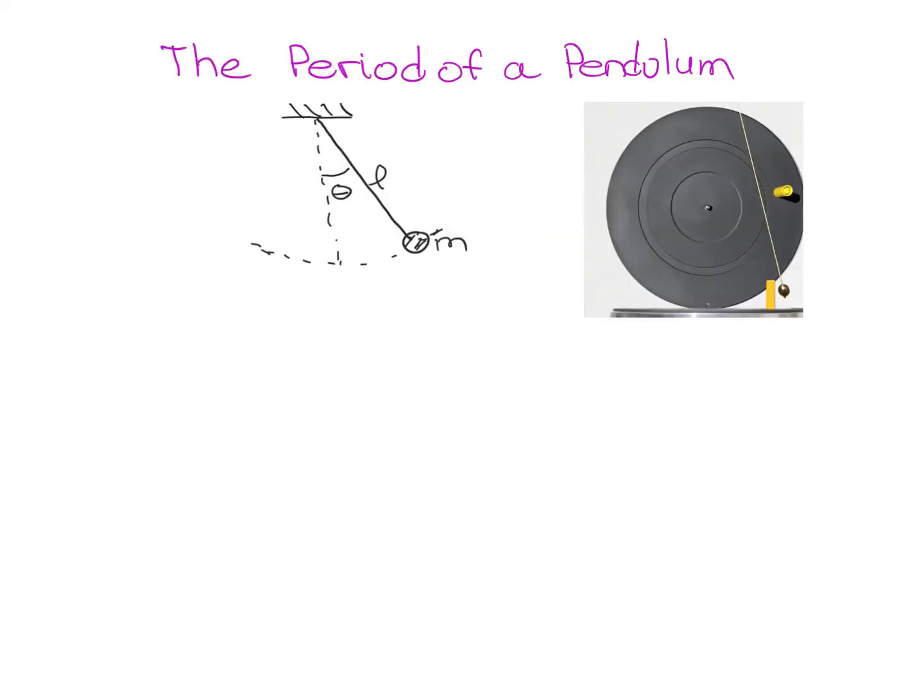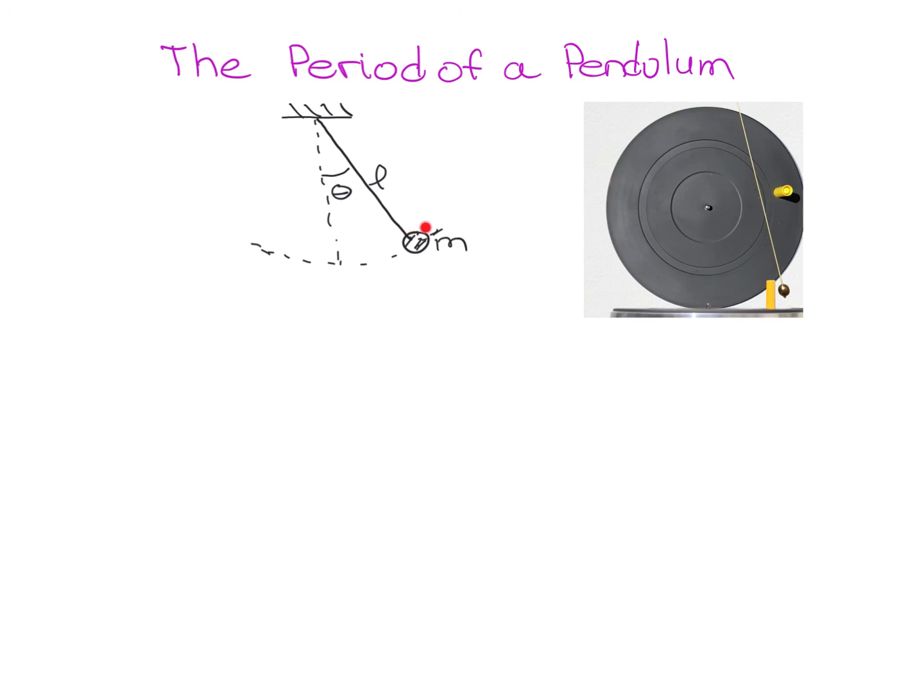Okay, one quick but important example of simple harmonic motion, or at least approximately simple harmonic motion, is a pendulum. And you're going to make measurements on the system to measure the period of a pendulum experimentally with your lab kits. So let's see what theory has to say about the period of a pendulum.